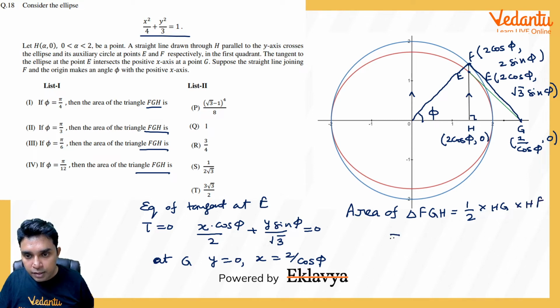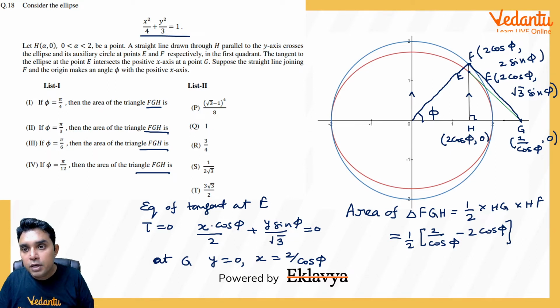So you can check, it becomes equal to half into HG, which is 2 upon cos phi minus 2 cos phi, into HF, that is the y coordinate of F, which is 2 sin phi.